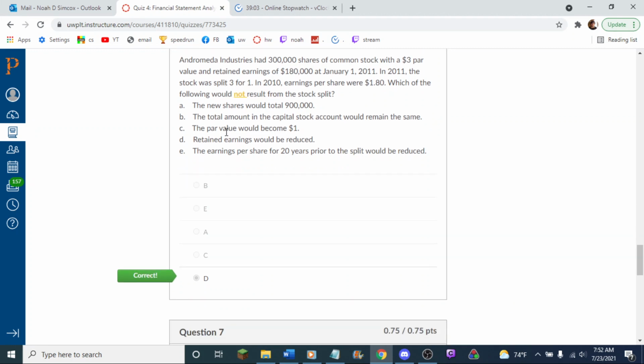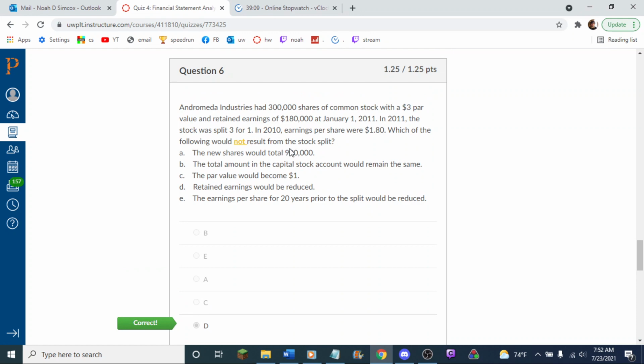Andromeda Industries. Okay, stock splits are so confusing. What happens when you do stock splits? Stock splits is basically it reduces the market value of stocks.